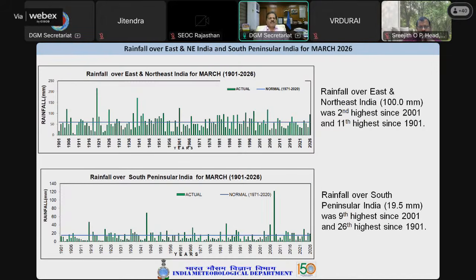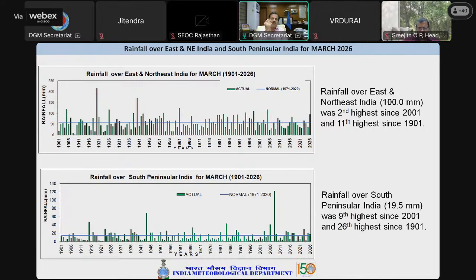If you look at rainfall over East and Northeast India, as I told you, it was quite high. It is the second highest since 2001, after 2005, which was one of the highest rainfall years in the recent two to three decades. After that, this is the year when we have got higher rainfall activity.